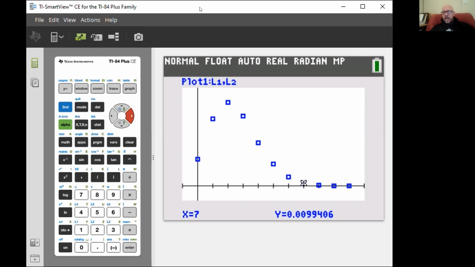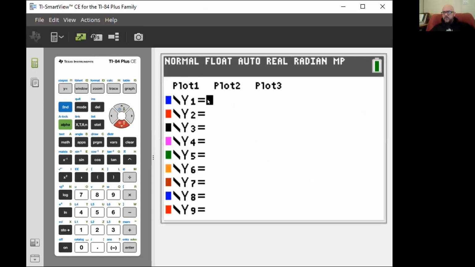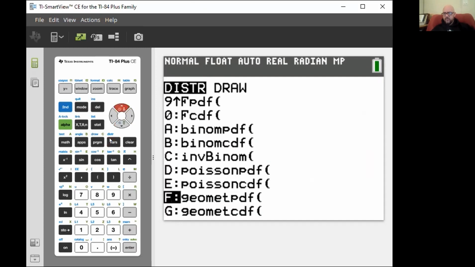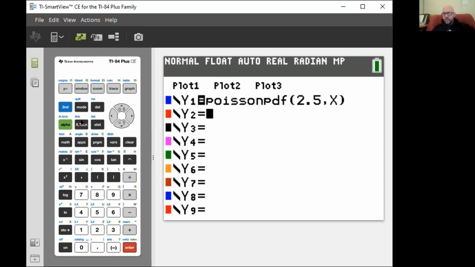Another thing that you can do is go to y equals. I'm going to turn this off and in my y1 function, I can do Poisson PDF of x, and I'll show you where you can go with this. So Poisson PDF of x, and paste that in there.